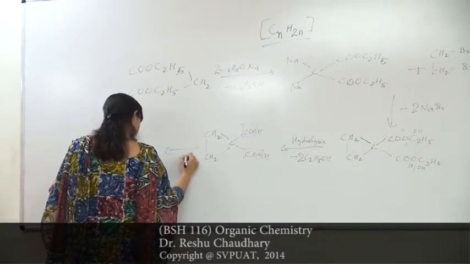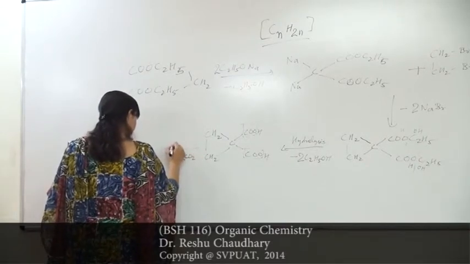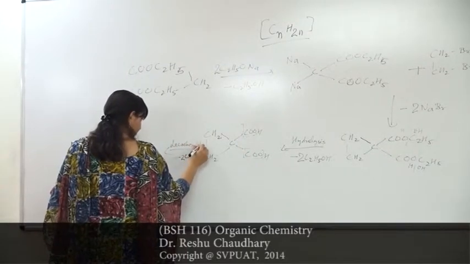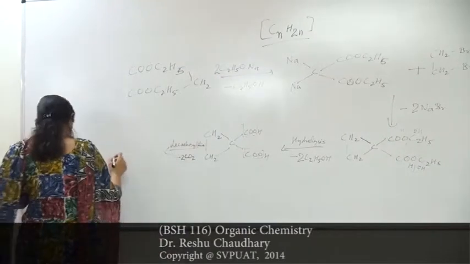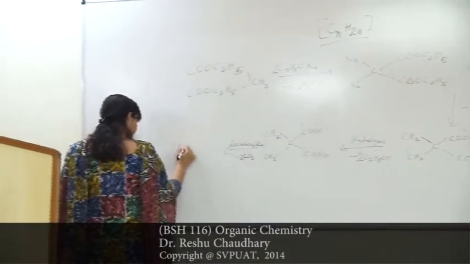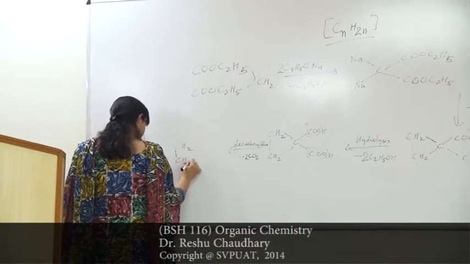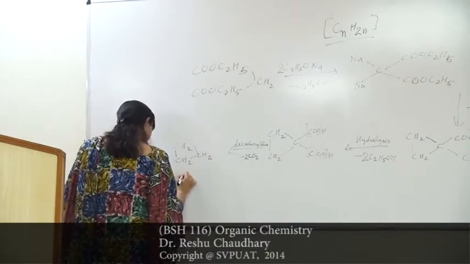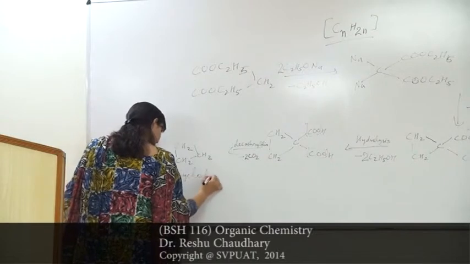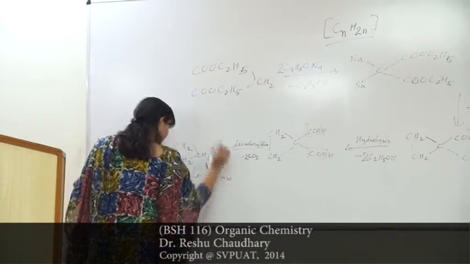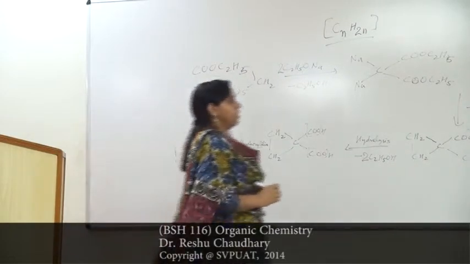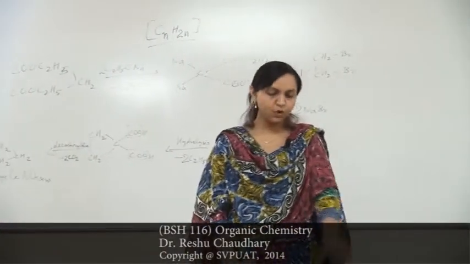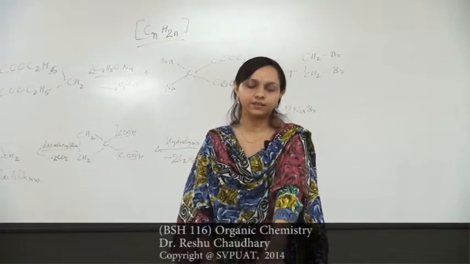This process is known as decarboxylation. And the final product will be the cycloalkane. This is the Perkin method for the formation of cycloalkane.